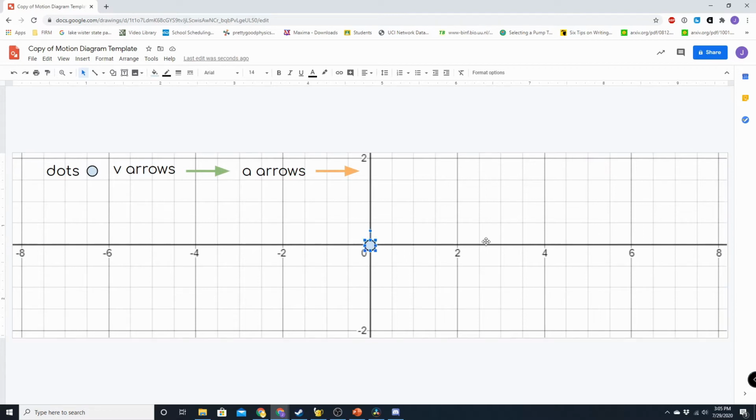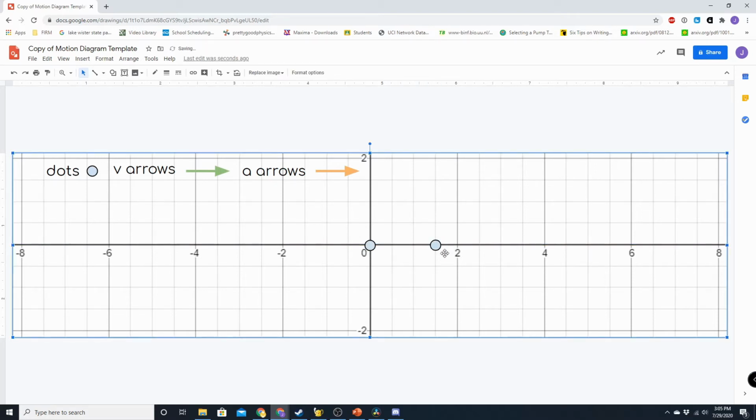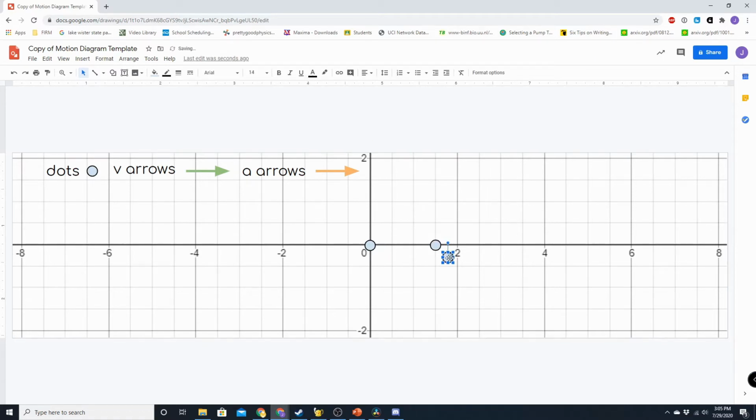We could have picked any position along here, but why not pick the origin? And at the next interval of time, we're going to put it some later in position. So far we're thinking of the car moving to the right. And then since it's slowing down, the next interval needs to be a smaller distance, right?